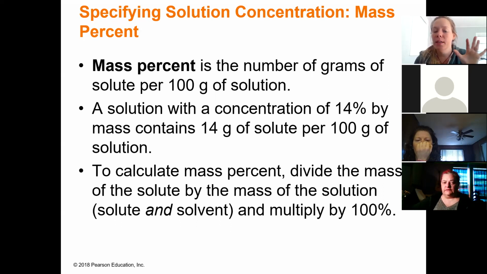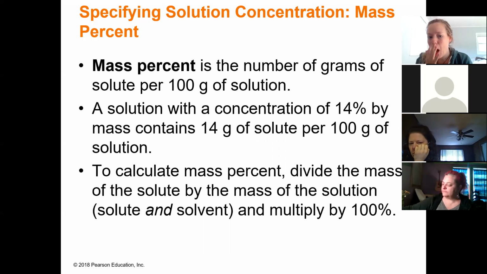So one way that we can describe this is something called mass percent. Mass percent is the number of grams of the solute per 100 grams of solution. So if I say something has a 14% mass percent, that would be 14 grams of the solute in 100 grams of, and this is really important, 100 grams of solution.